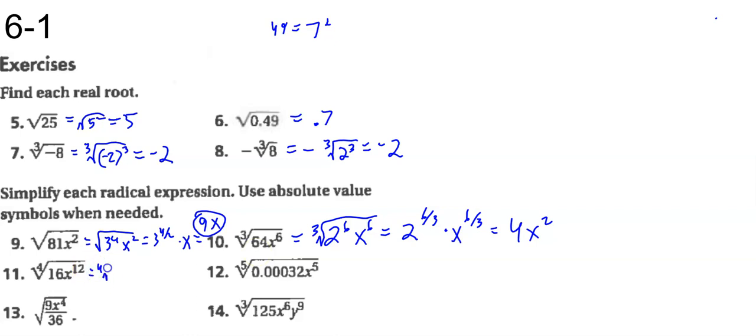So 4th root of 2 to the 4th times x to the 12th. So that would be 2, obviously, and then x to the 12/4, which is x to the 3rd.